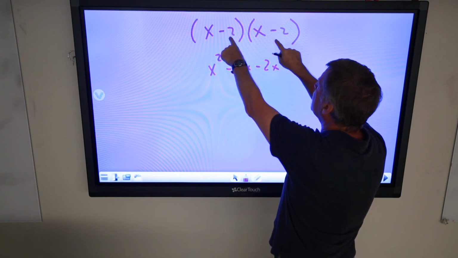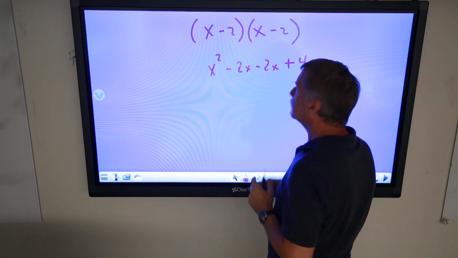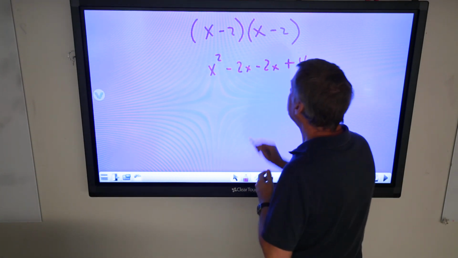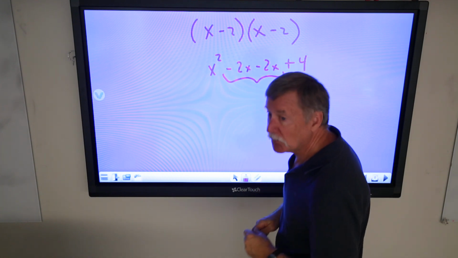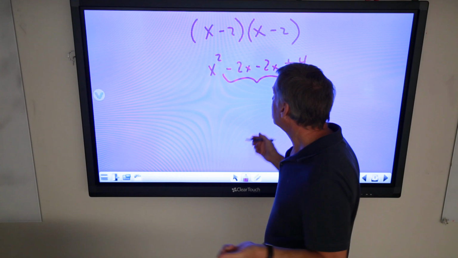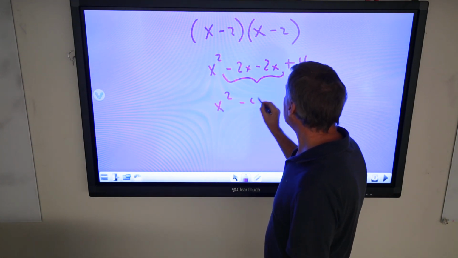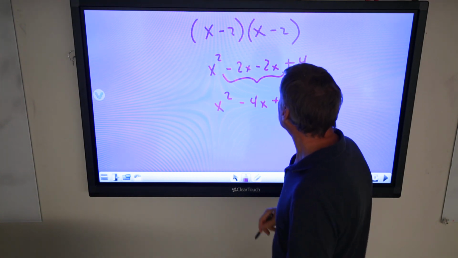And last, minus 2 times minus 2 is plus 4. Minus times minus now does make plus. But here, minus 2 combined with minus 2 doesn't make plus 4, and it doesn't make 0. It makes more minuses. So the final answer, x squared minus 4x plus 4.